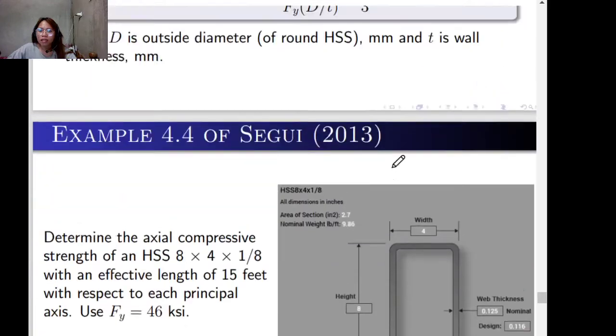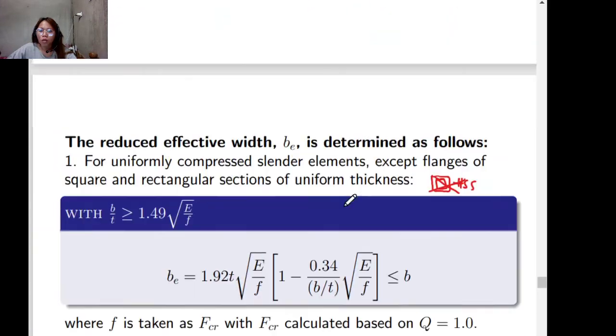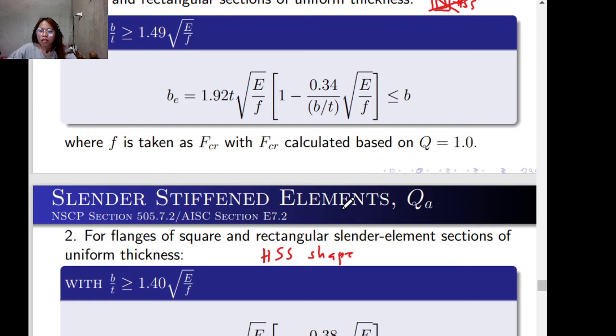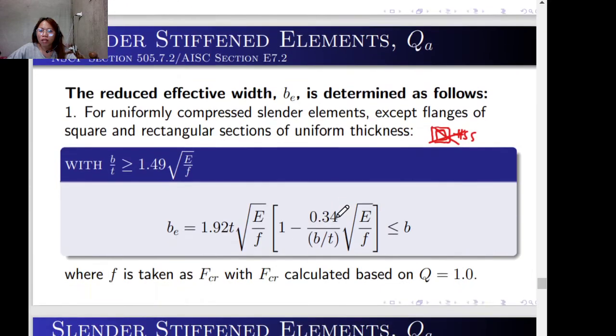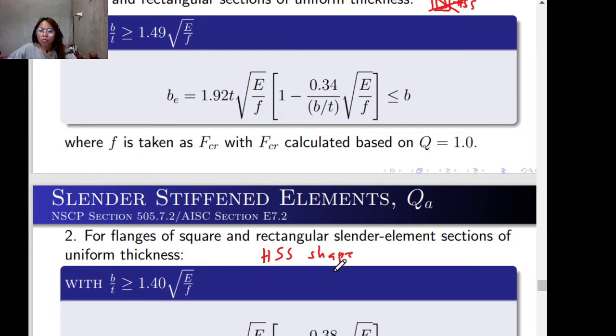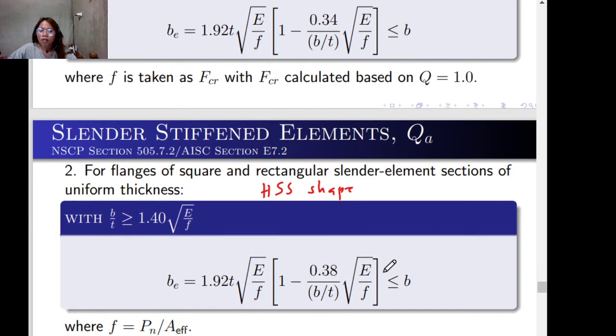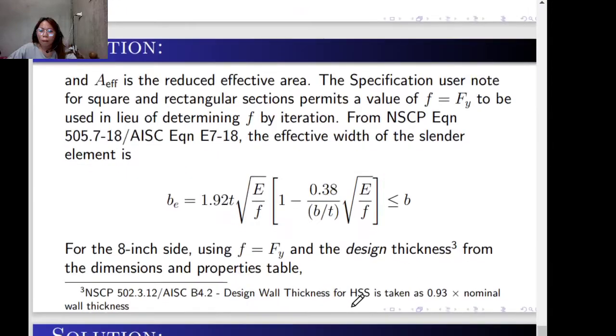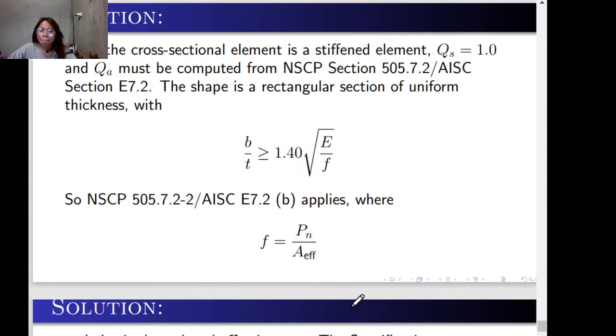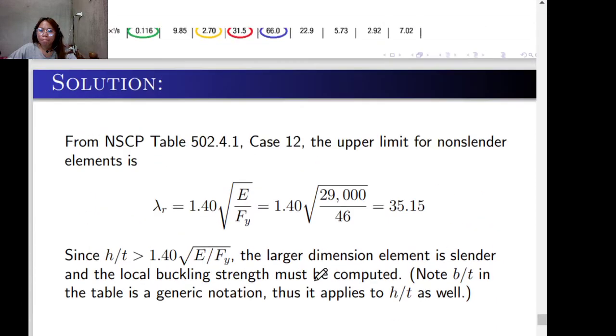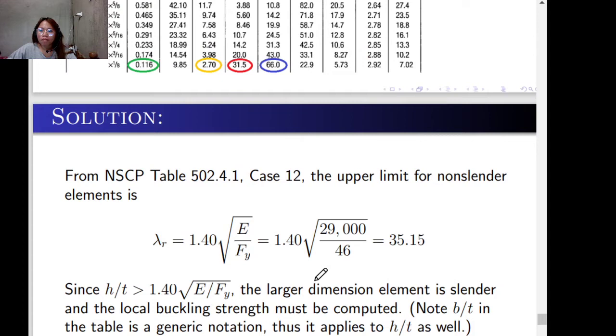The HSS, let me go back to this one. B over 2. Case 12, non-slender element.